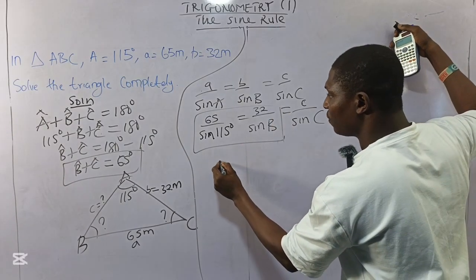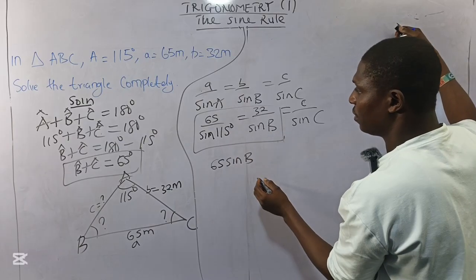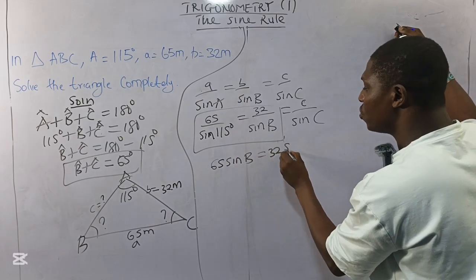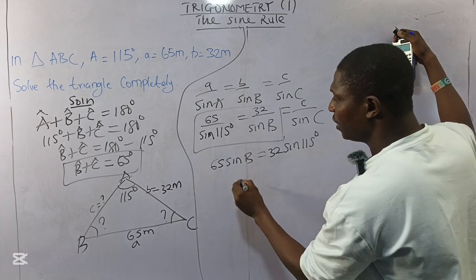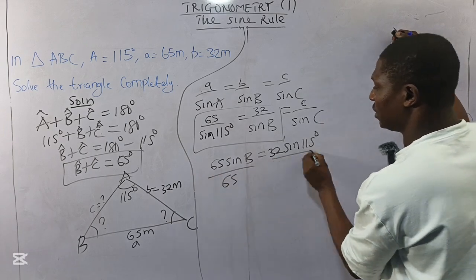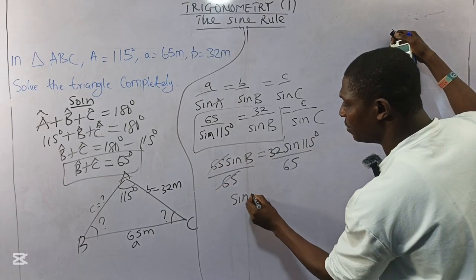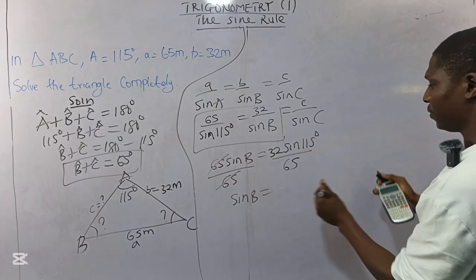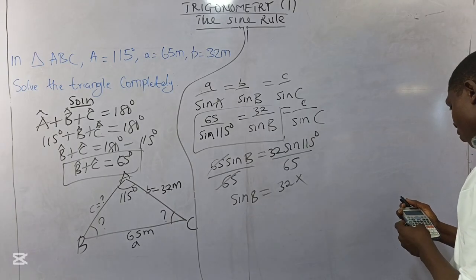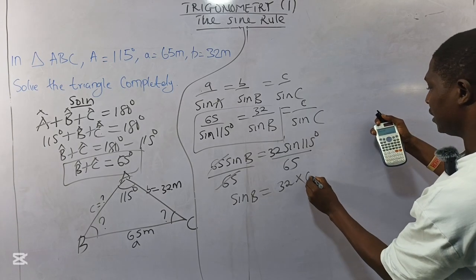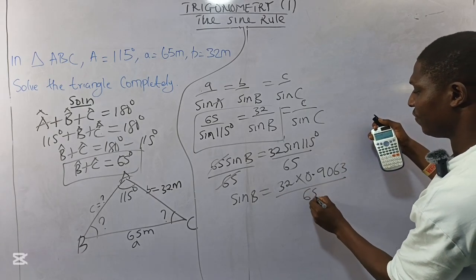So I have what? 65 sine B using this will be equal to 32 sine 115 what? Degrees. I'll divide through by 65. And I'll have sine B to be equal to 32 times sine 115. Sine 115 equals 0.9063 all over 65.